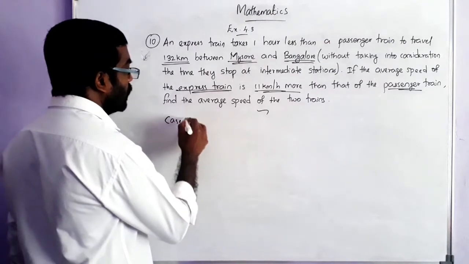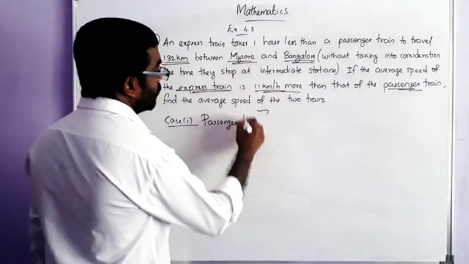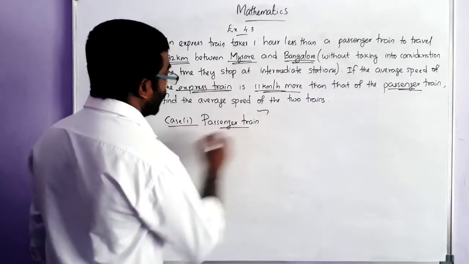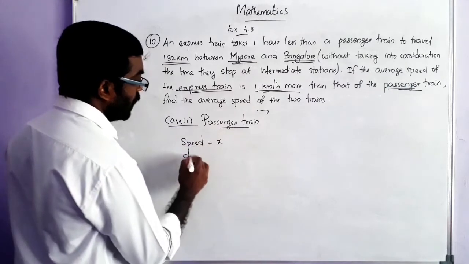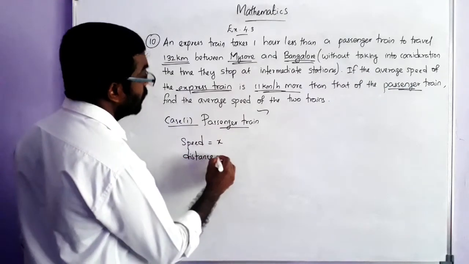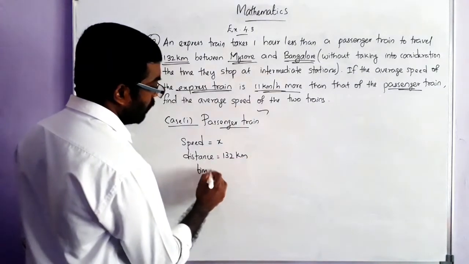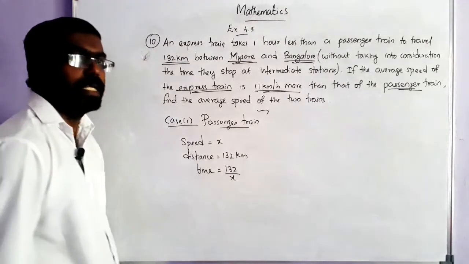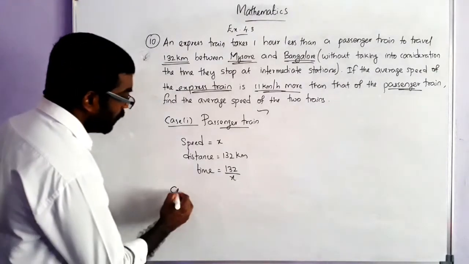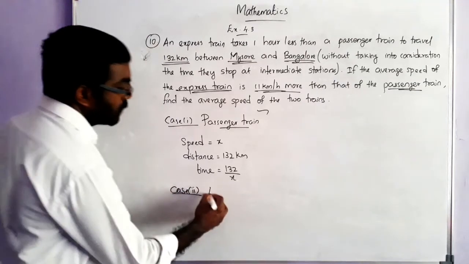First case, we can consider the passenger train. So for the passenger train, let the speed be x. Here the distance is what? 132 km. And time we can write 132 divided by x, distance by speed. Then the second situation, case 2, we can consider the express train.